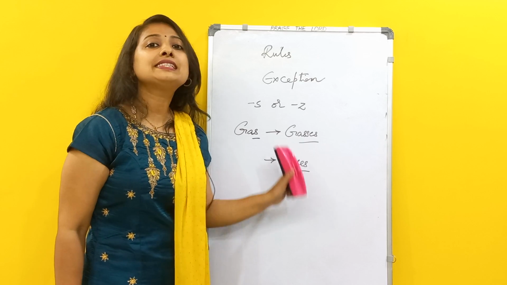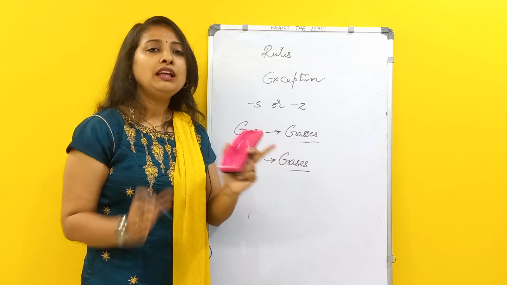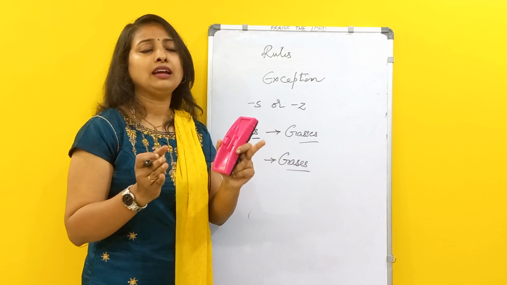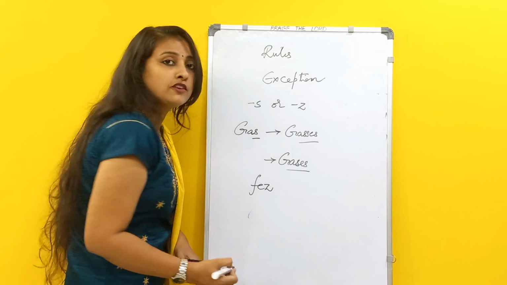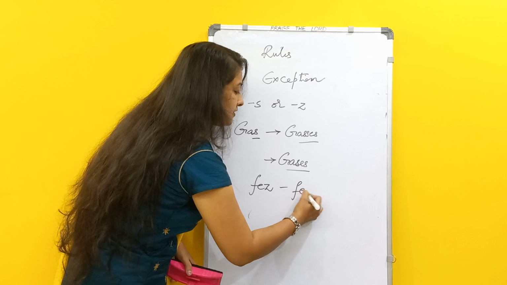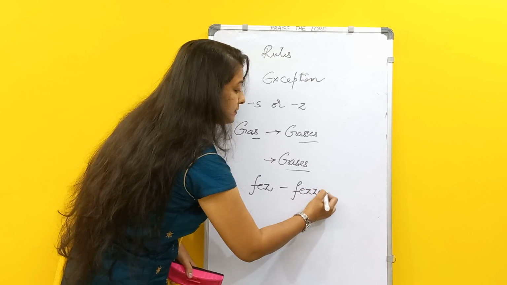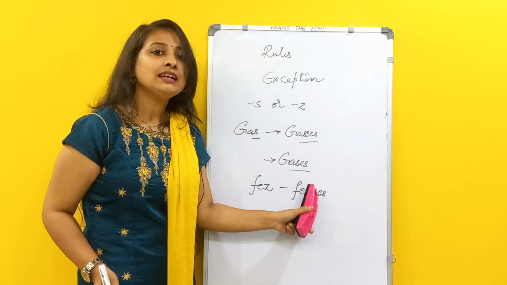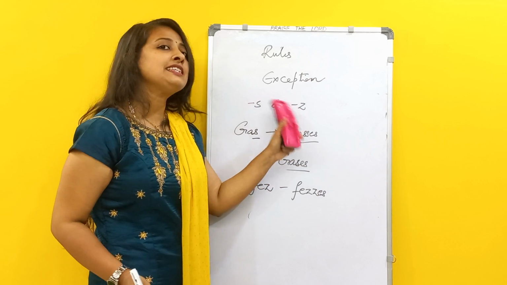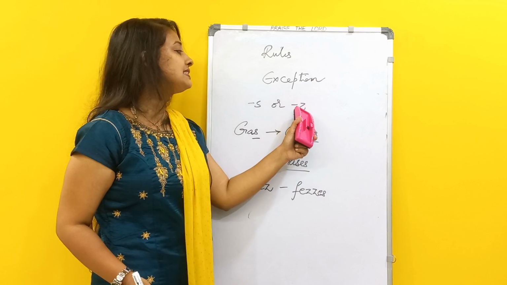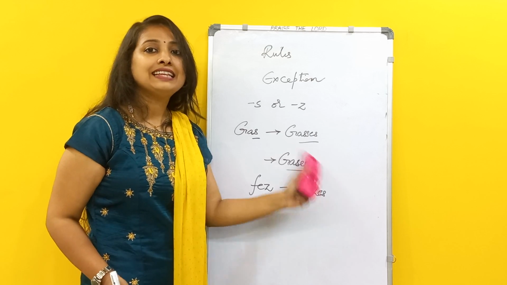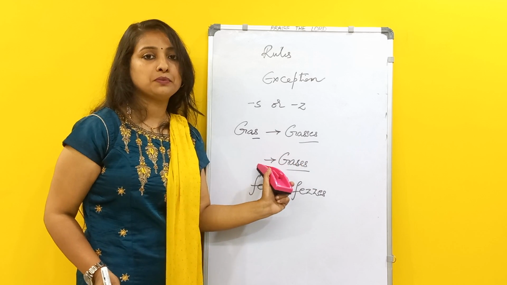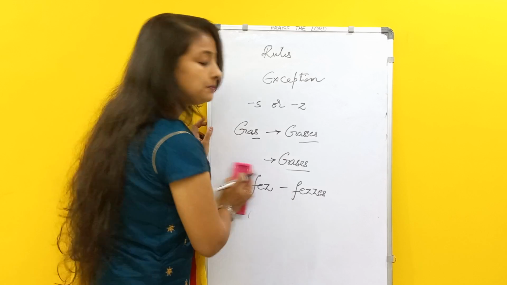So this is the exception in this particular rule. In very few cases we'll come across, suppose fez, it becomes fezzes. Whatever is the letter, if it is S, you will double the S. If it is Z, you will double the Z. And add ES. That is the exception here.